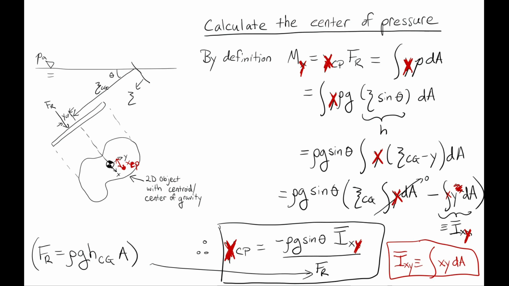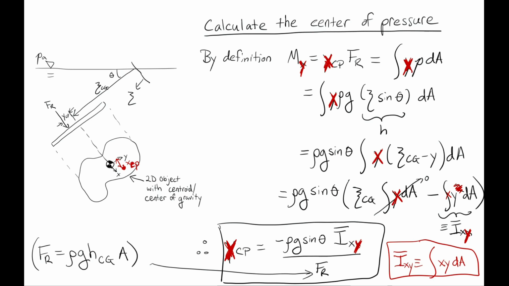And so the formula for finding the x center of pressure is almost identical to the one for finding the center of pressure for the y, except for instead of the xx moment of inertia, it's the xy moment of inertia.